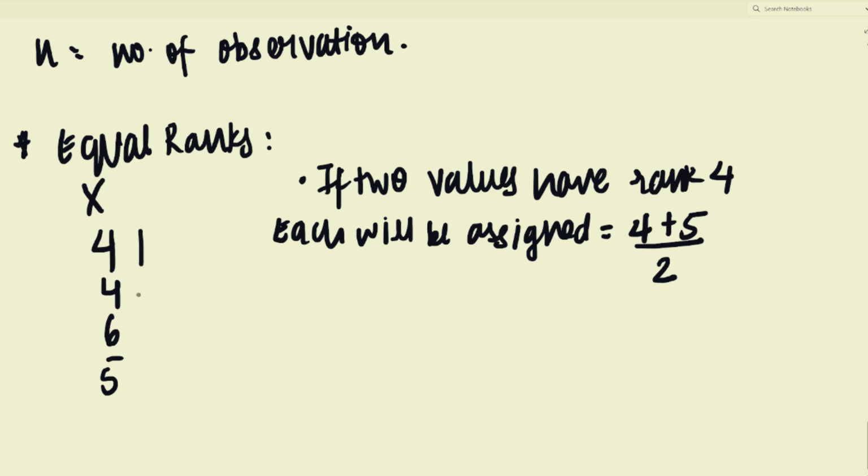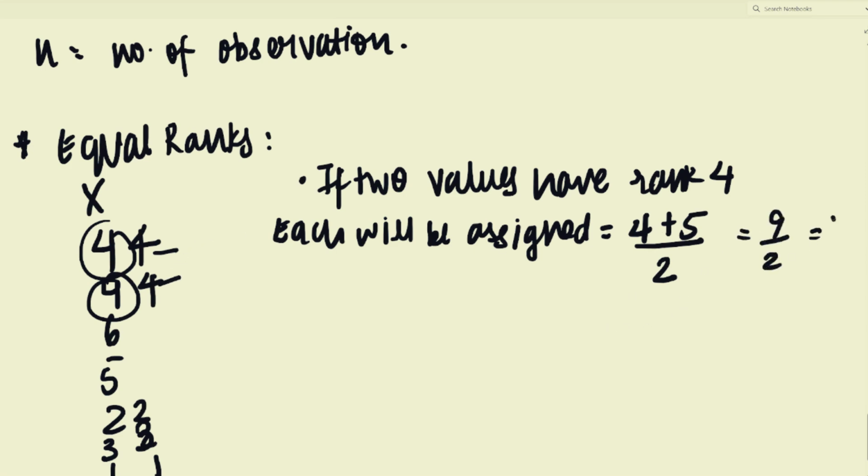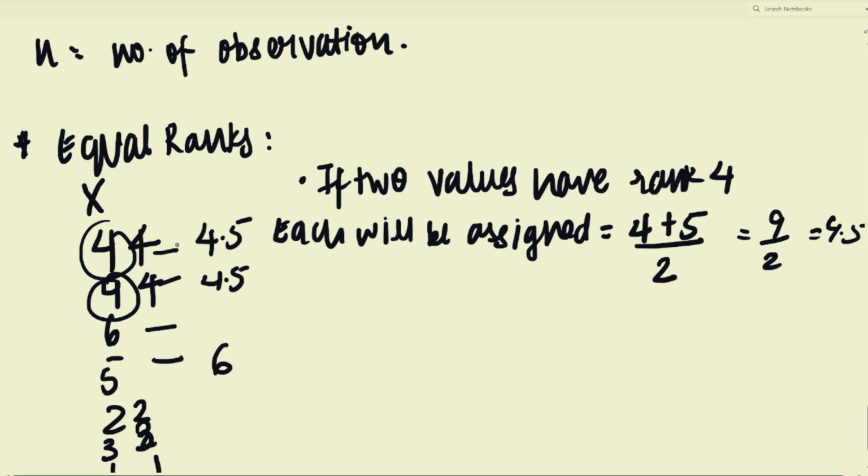So this is 1, 2, 3, 4, and this is 4. Both have the same rank. How do we resolve it? 4 plus 5 is 9, divided by 2, is 4.5. So both will get 4.5 rank, and the next one will get the 6th rank.